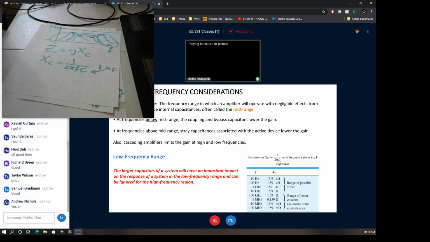We didn't discuss that in detail there, but we shorted them because the impedance of these capacitors at the operating frequencies is very small, so we can replace them by a short circuit. So the external capacitors that are large in size, 1 microfarad, 10 microfarad, and so on, are responsible for decreasing the voltage gain at the low frequency range. And the reason for that is very clear from the table.